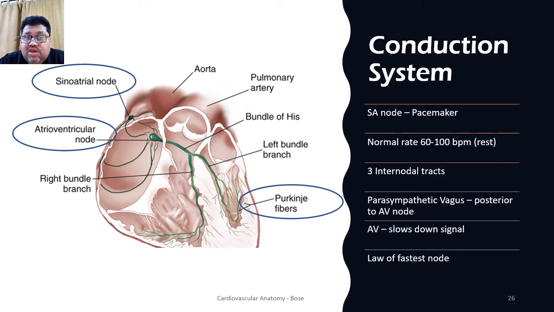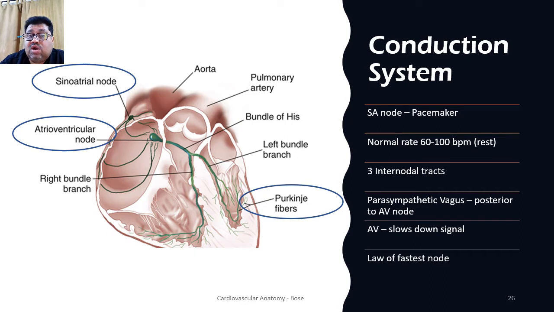The three conduction pathways that exist between the SA node and the AV node include an anterior tract of Bachmann, so this is in the front, a middle tract of Wenckebach, and a posterior tract of Thorel.